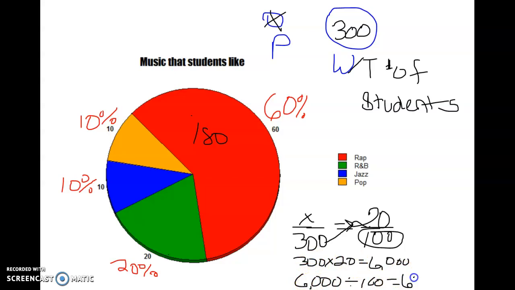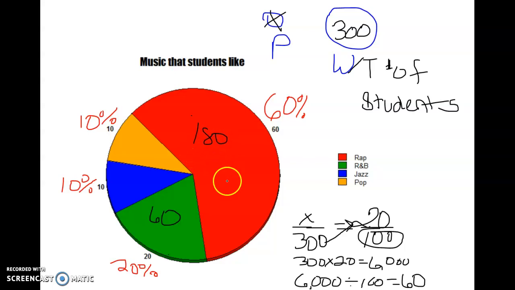And that is going to give me 60. Because again, if I cross the 2 zeros off, that's 60. So that means out of 300 students, 20% of those students liked R&B music. That part is 60 students.